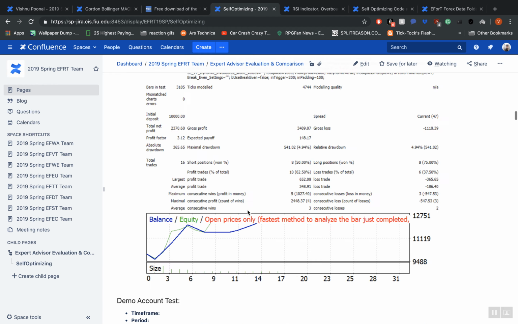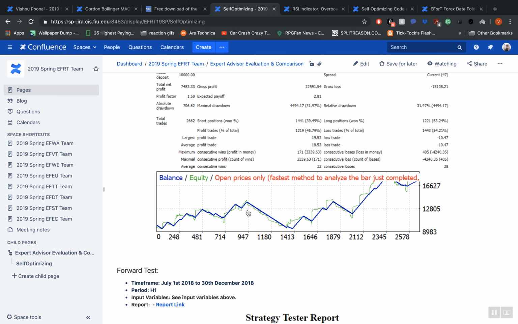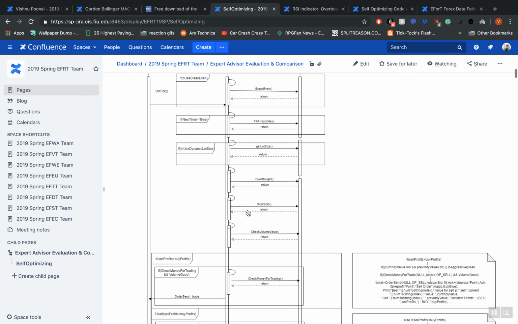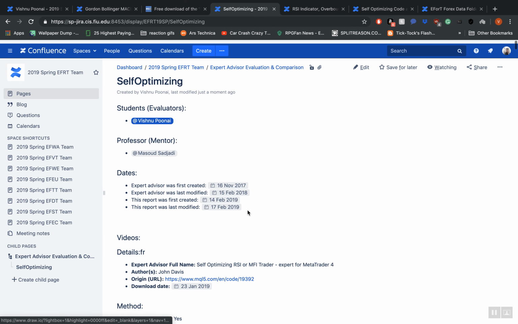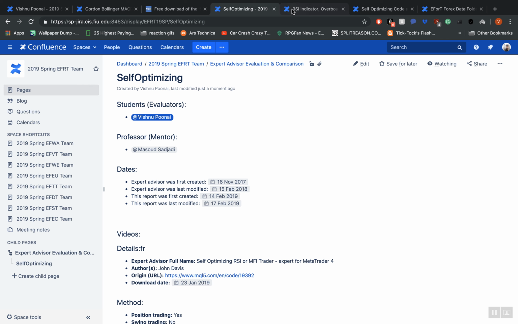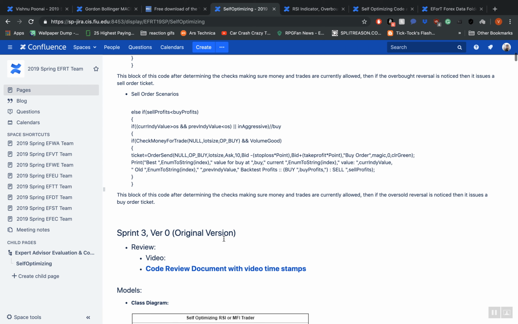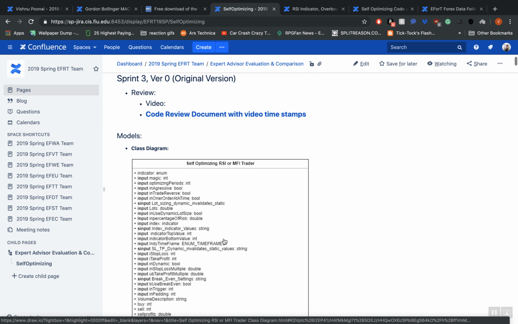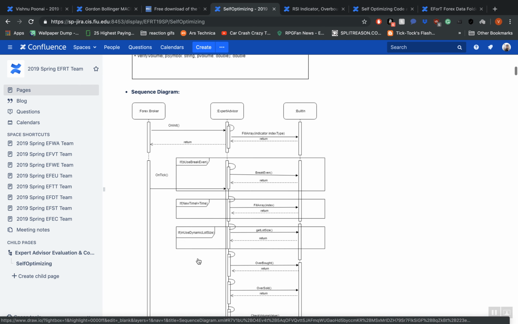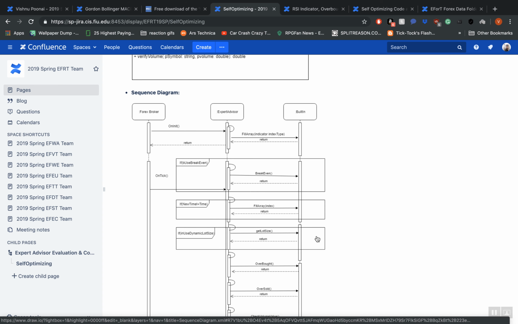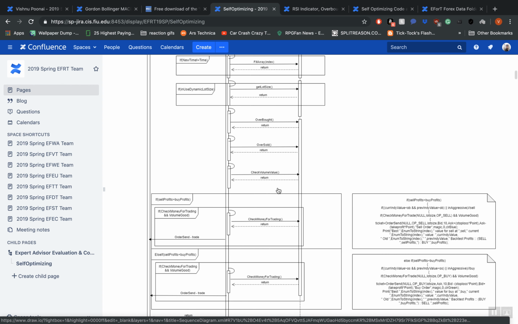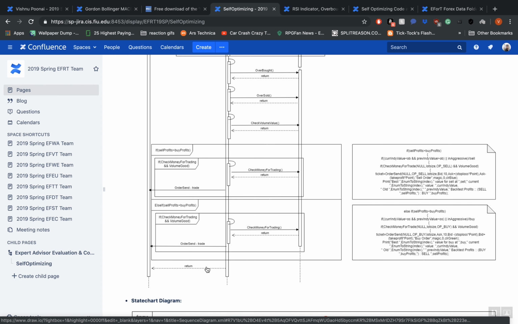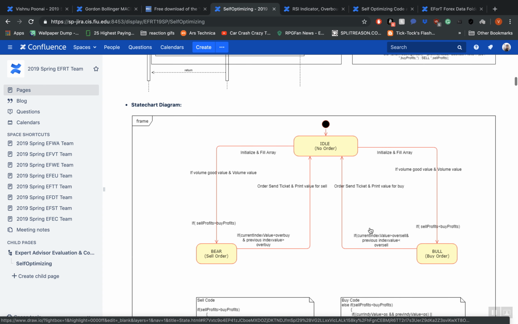So that's about it for the introduction to this Expert Advisor. I do recommend following the Confluence page and reading the research. On this page I broke down the class diagram as well as the sequence diagram. In the sequence diagram here, I indicate the different steps it goes through when it makes a buy or sell order, and I indicate the code.